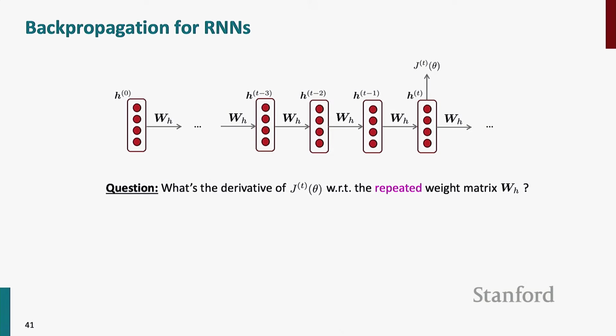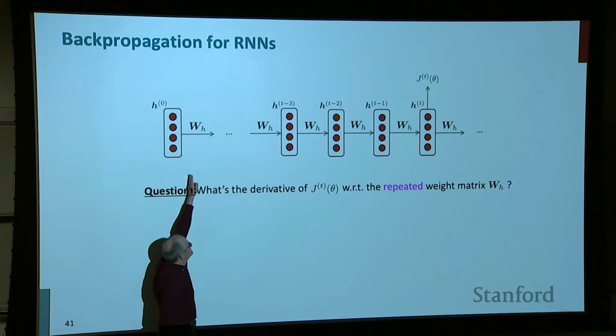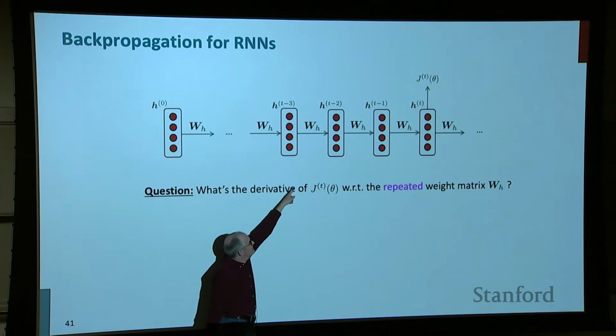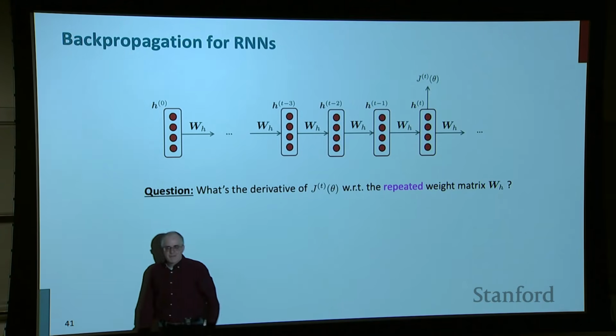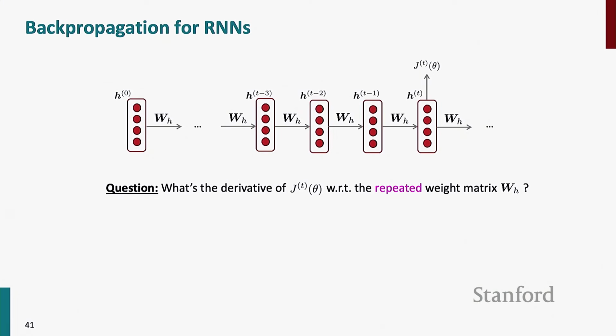The interesting case here is that these WH parameters are being used everywhere through the neural network at each stage, as are the WE ones. So they appear at many places in the network. How do we work out the partial derivatives of the loss with respect to the repeated weight matrices? And the answer is, it's really simple.